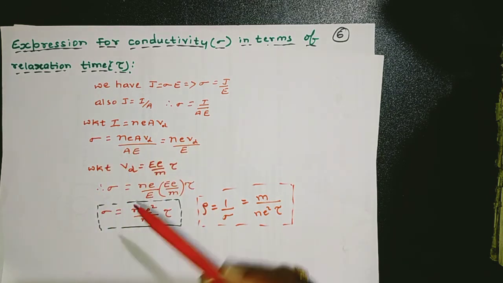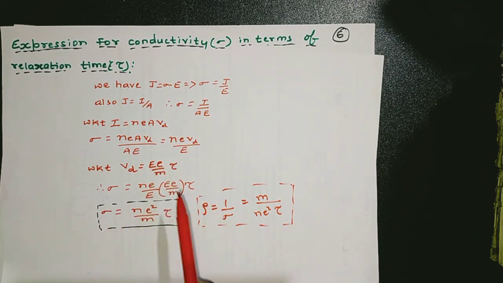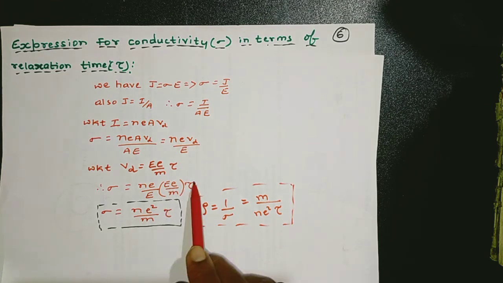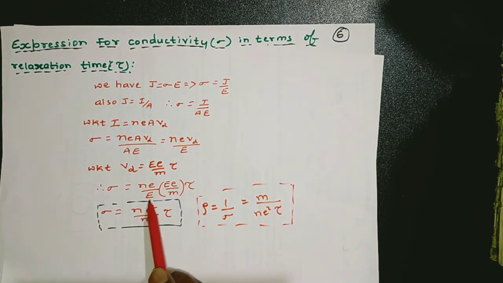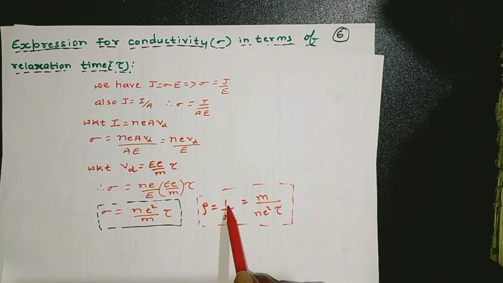N e Vd by E. Then we know Vd. It is eE by m into tau. Substituting, N e by E into Vd is eE by m into tau. E gets cancelled. So sigma is N e square tau by m. Whereas for resistivity, reciprocal of conductivity, m by N e square tau.